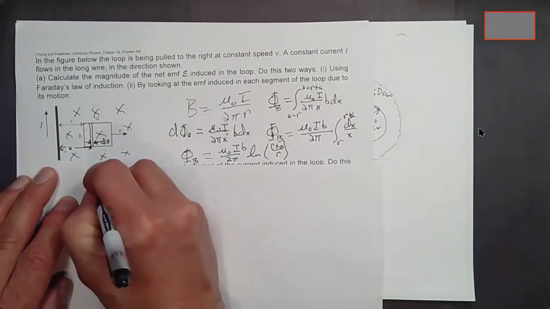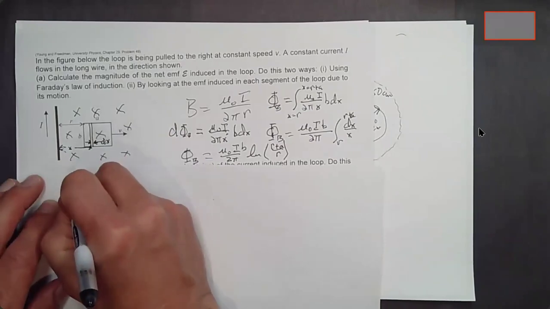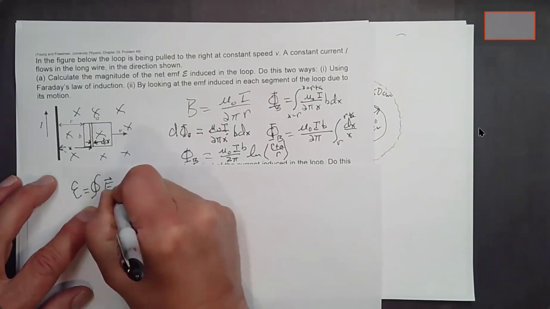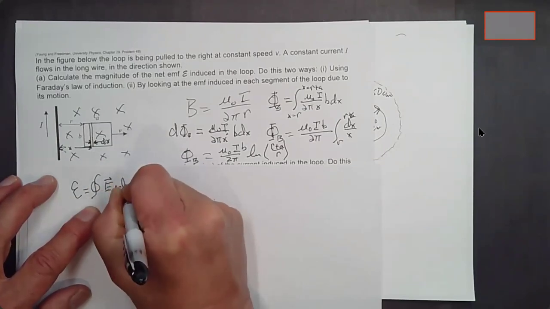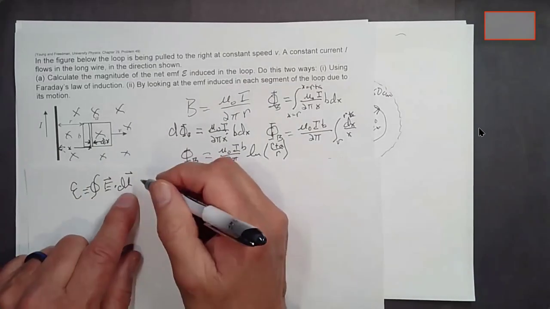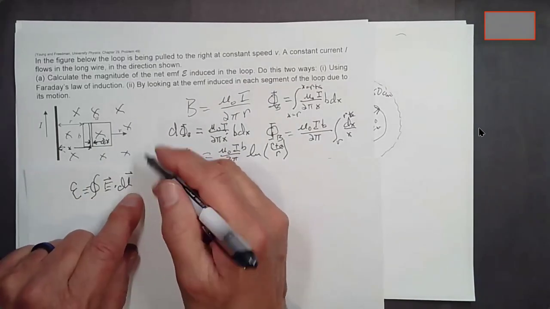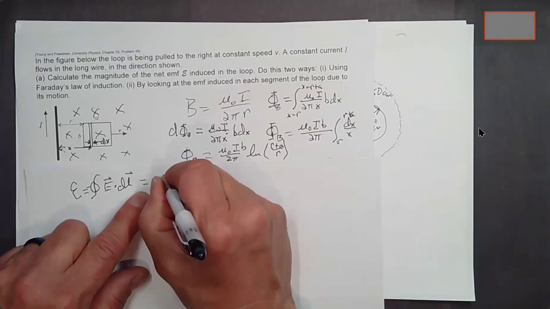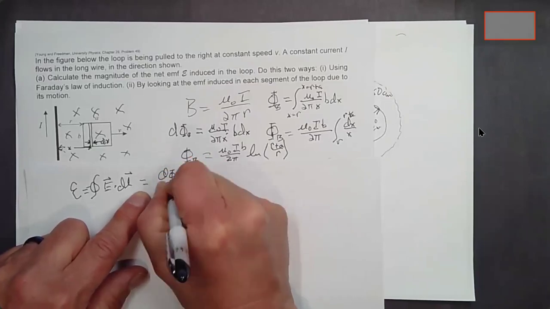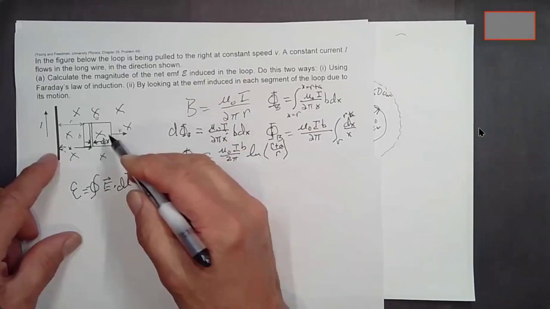Actually, it's the negative of the integral of E dot dl, but that'll equal d phi sub b dt in that area.